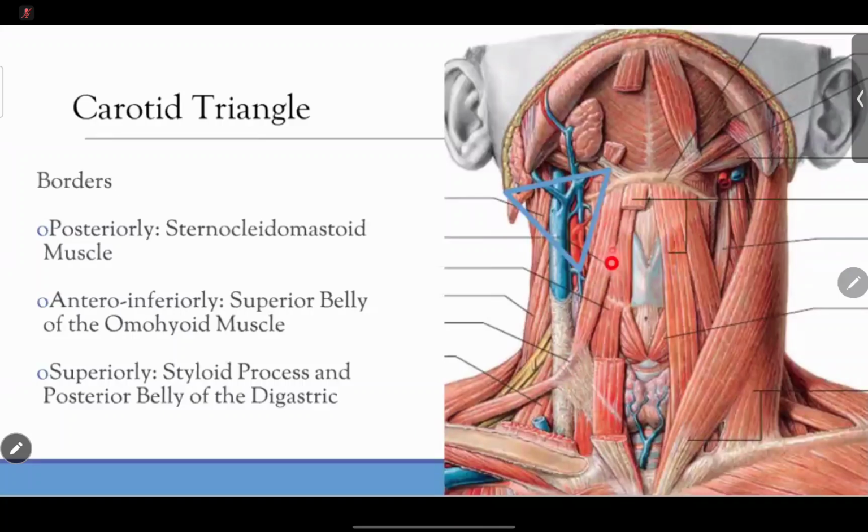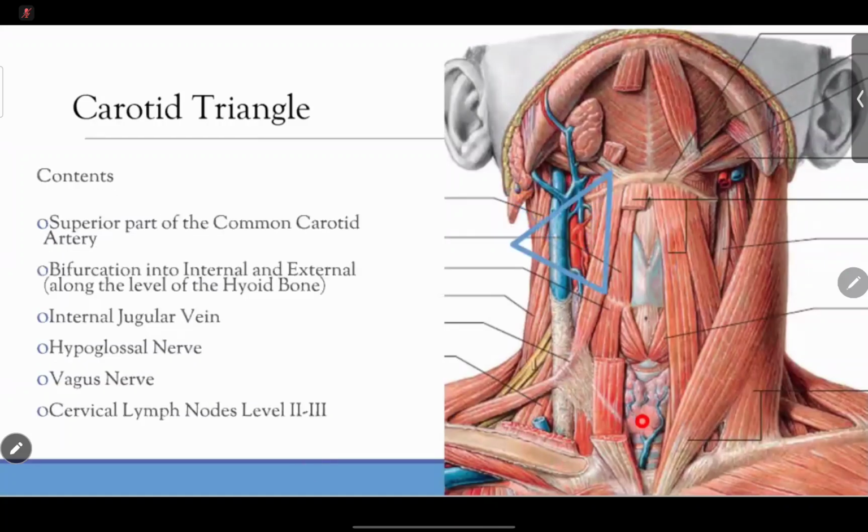And then superiorly, your carotid triangle is bounded by the styloid process and the posterior belly of your digastric muscle. So what can be found in the carotid triangle? As the name itself says, the common carotid artery.